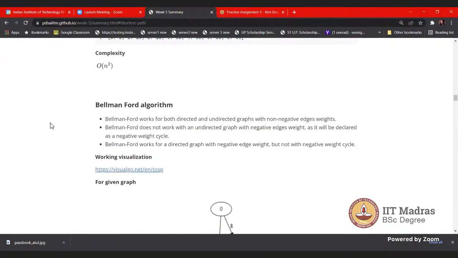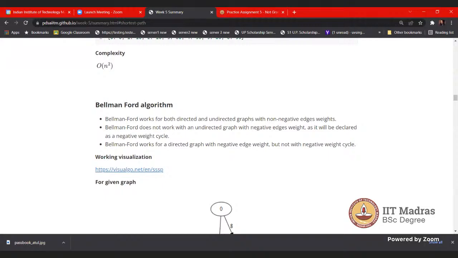Now we are moving to the Bellman-Ford algorithm. Bellman-Ford works for both directed and undirected graphs with non-negative weights. Here the term non-negative means positive weights. I have already explained that for an undirected graph, if any negative weight is given on an edge, it is considered a negative weight cycle.